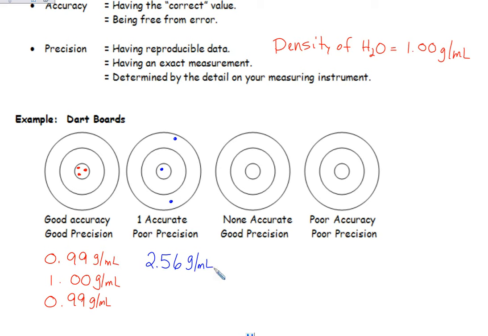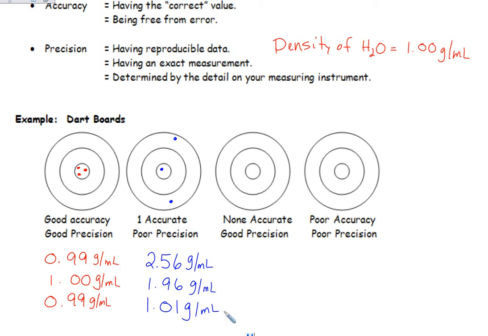So the second trial, I made some adjustments. 9, 6, I don't know, we'll just make something up. Okay, it's better. But maybe I'm still not using the electronic balance correctly, or maybe I didn't use my graduated cylinder correctly. And so finally I run 1 more trial, and maybe I get something like this. In a lab report, you'll never lose points for having bad data.